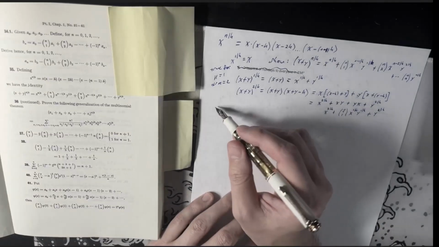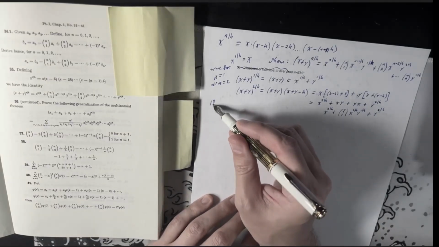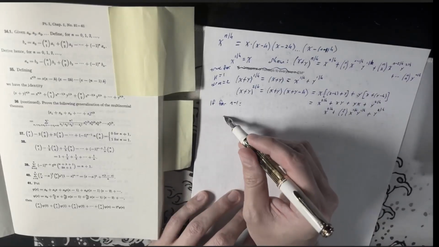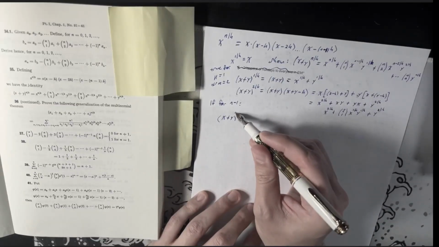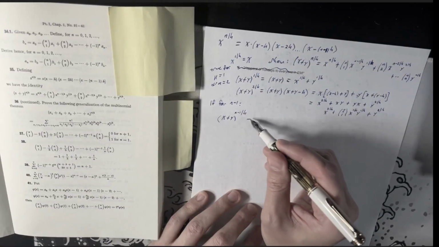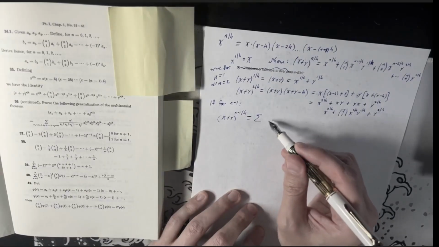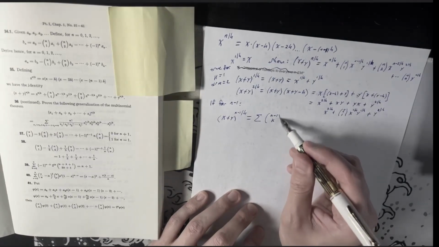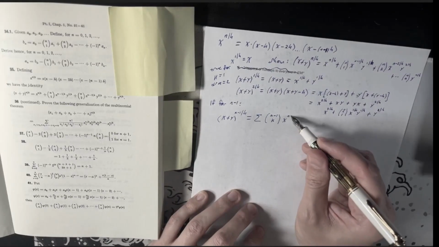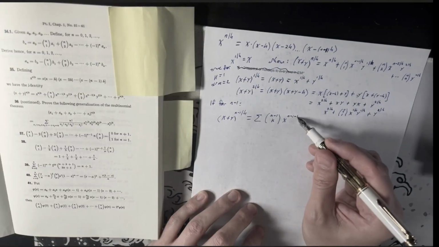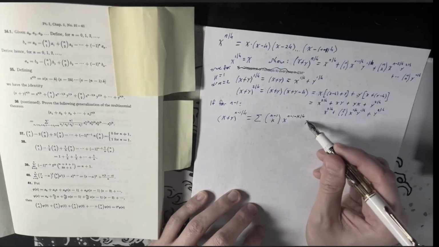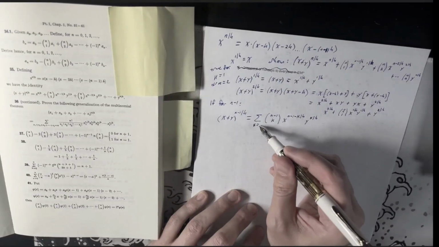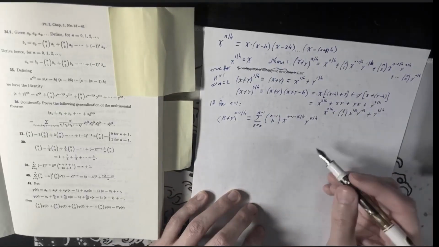So let's suppose we know for n minus 1 that we have this happening, that we have a formula for it that goes n choose k x to the n, y to the k, like that, and this goes from 0 to n minus 1.